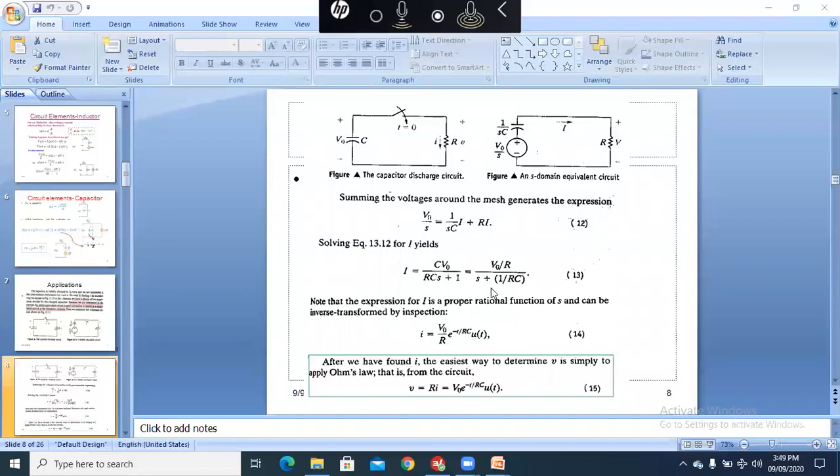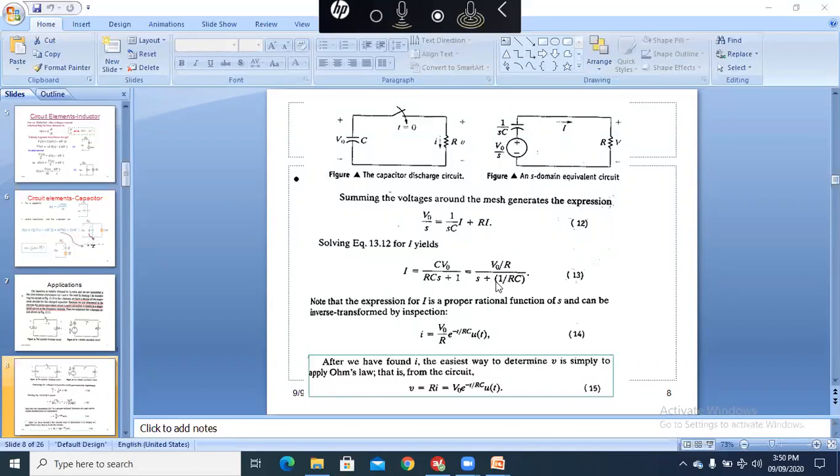Now see, we have analyzed this relationship again. This V naught by R is in fact the gain, and this 1 by RC is in fact the pole, right?